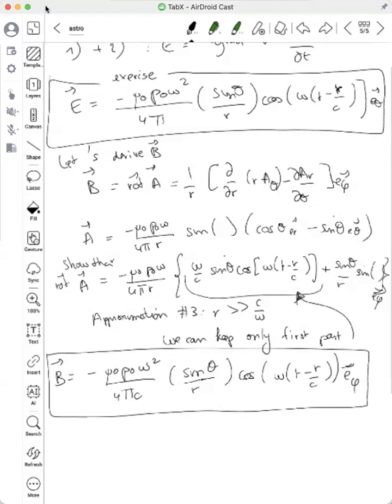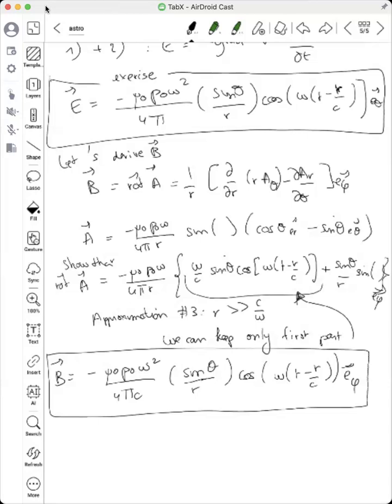Now I'm taking one step back and I want to get the most meaning from these two expressions of E and B. So let's do it. First, let's look at this expression. What is omega in our model?